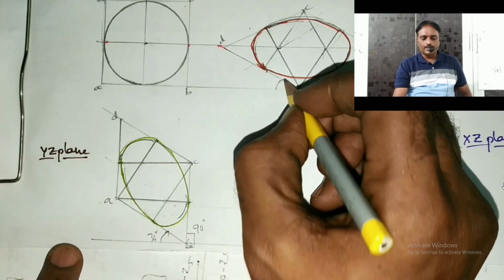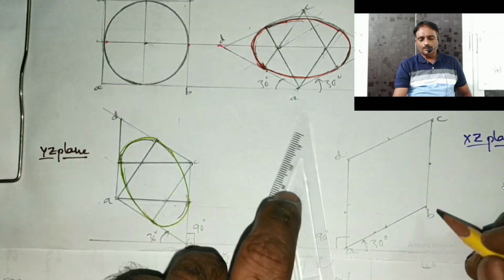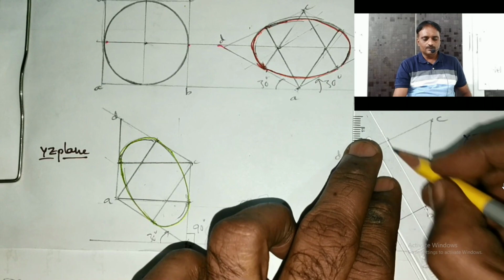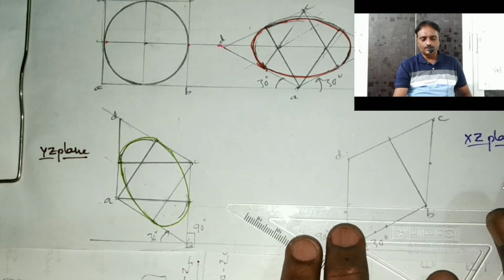So we have to locate the midpoints, and from the corners of the shortest diagonal, join the midpoints. Even if you want, you can give some names also to the midpoints.